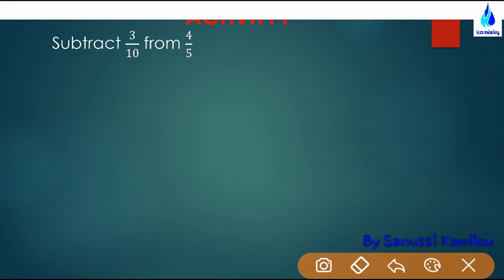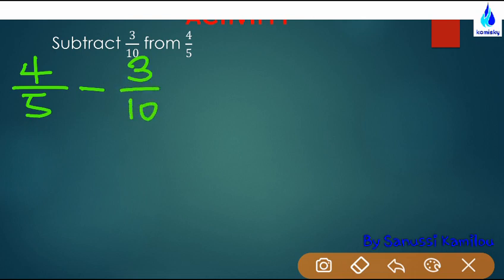We will use our method, the steps that we wrote just now. The question is saying we should subtract 3 out of 10 from 4 out of 5, meaning you are supposed to start from 4 out of 5 minus 3 out of 10. Are you there?